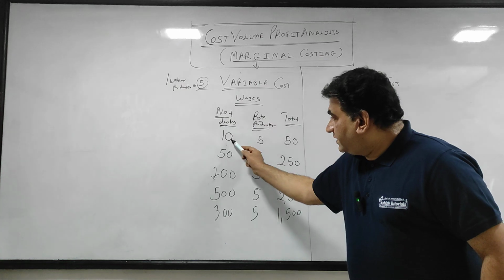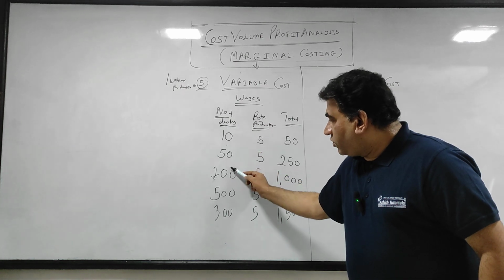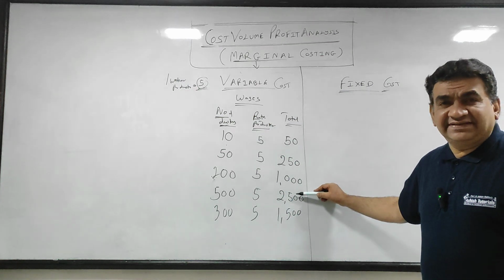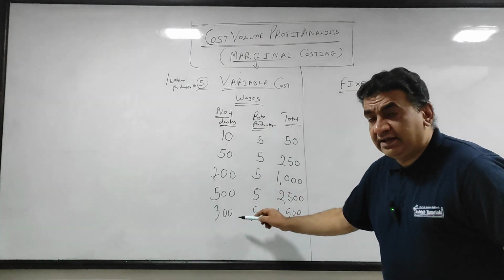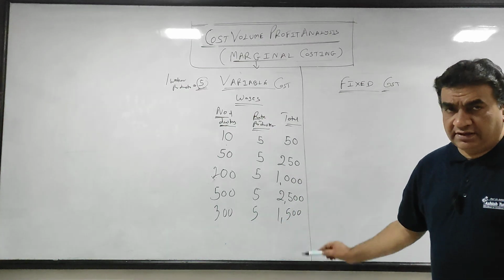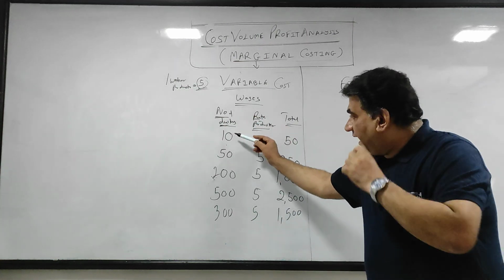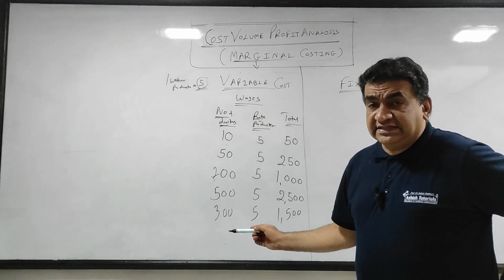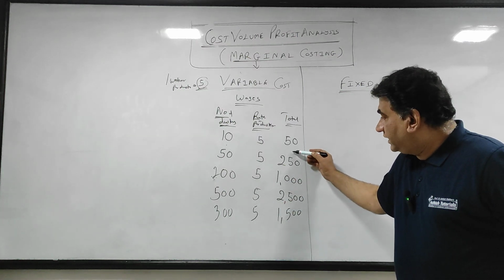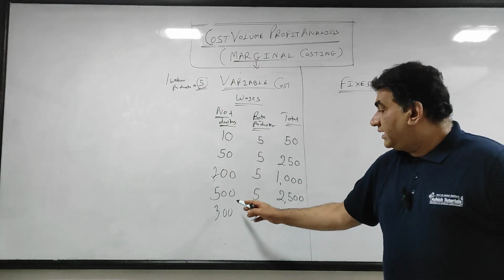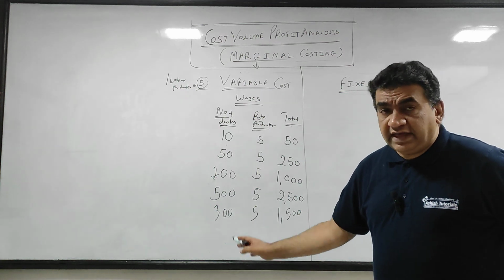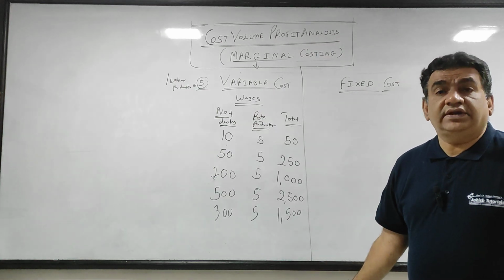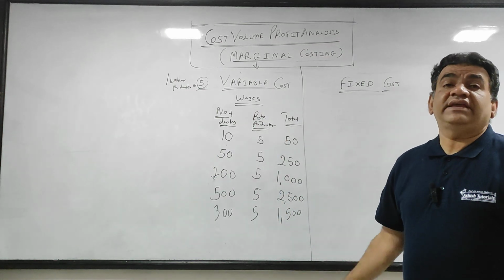See here, as and when my quantity kept on increasing, my total cost also kept on increasing. As my quantity reduced, my total cost also reduced. Getting it? I repeat, as my quantity kept on increasing, my amount kept on increasing, and where my quantity reduced, my total amount also reduced. So this is variable cost.